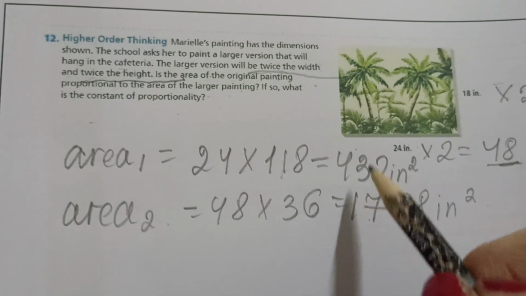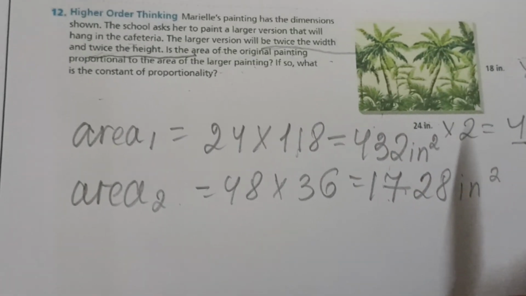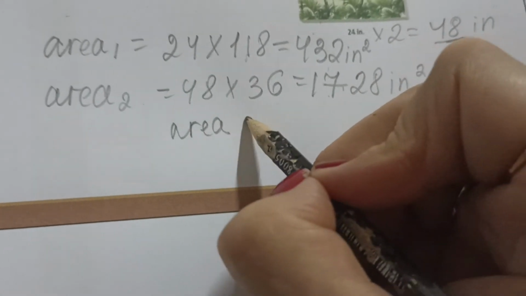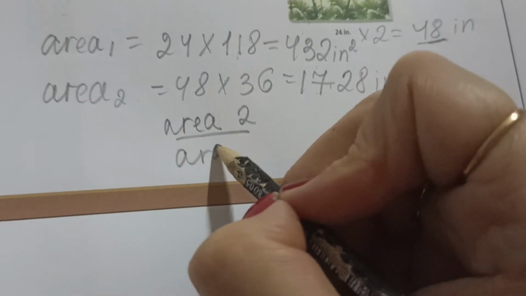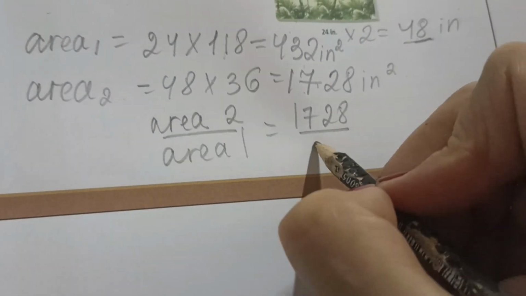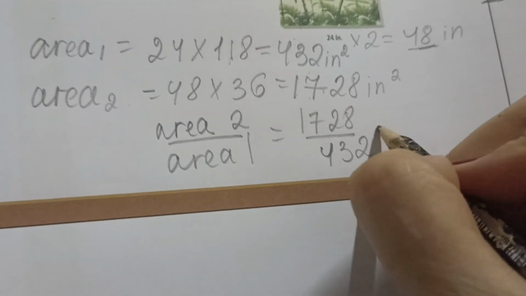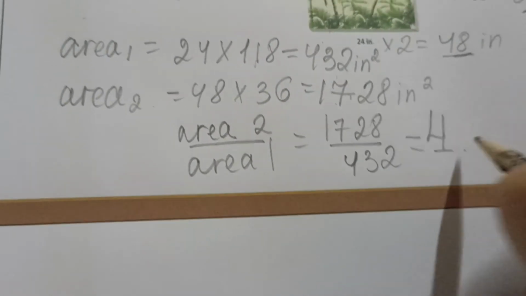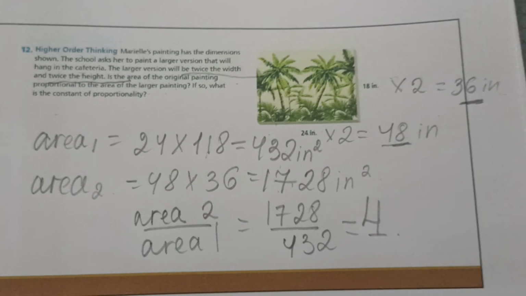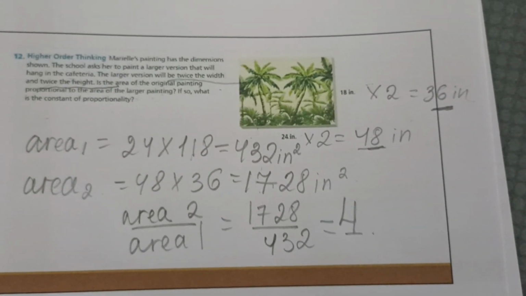So now we have two areas, and let us make a proportion. Area 2 divided by area 1, this number divided by this number is going to be 4. So the constant of proportionality is going to be 4. Okay?